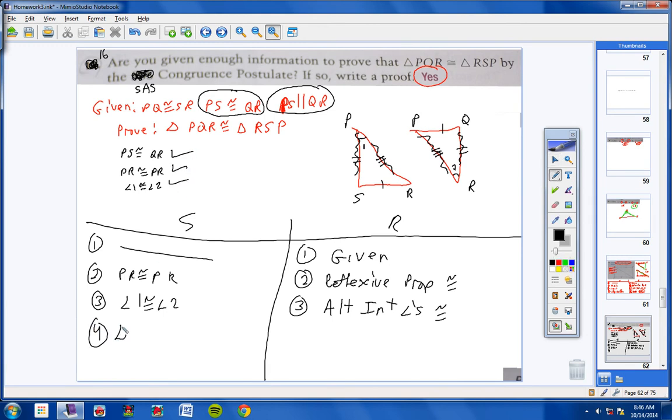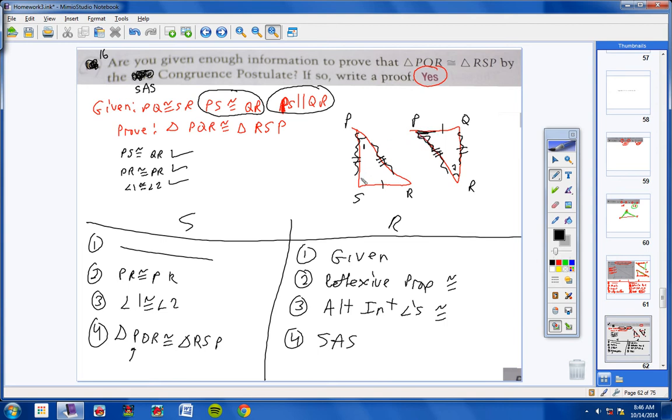We can now state that triangle PQR is congruent to triangle RSP, and the reason would be side angle side. Now students, let's quickly check our work. Angle P came first, and here's PQR. So angle P is the angle formed by 3 slashes and 1 slash.